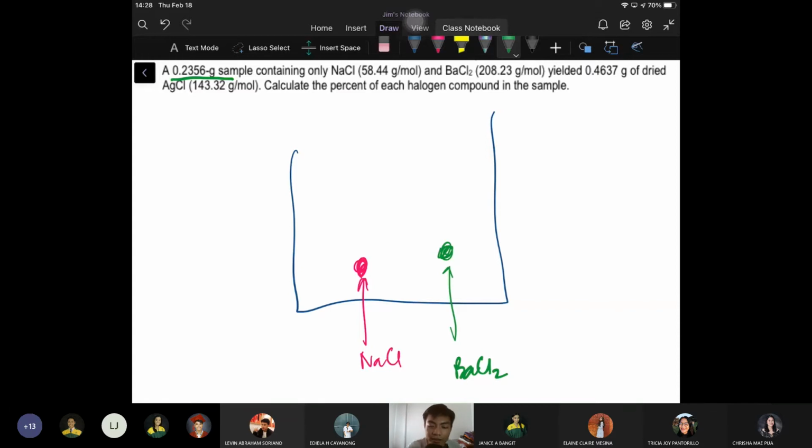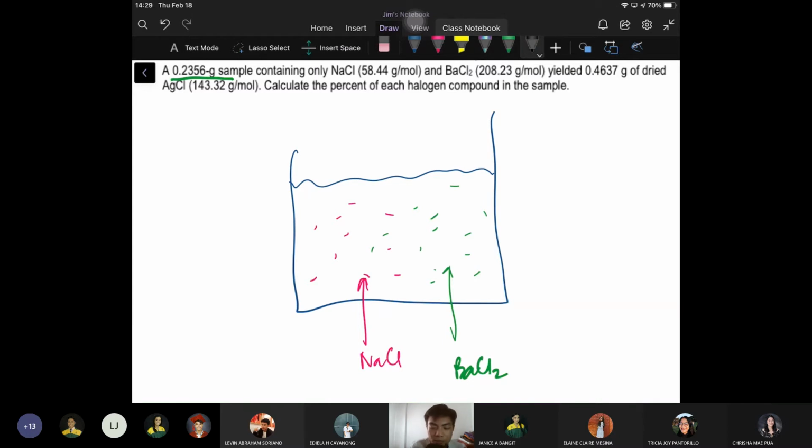Then, ano nangyari? Ipe-precipitate mo yan. So, lalagay mo yan sa tubig. What will happen to them is magiging ions sila. Okay. So, magiging ions na yan. Ions na yung mga salt natin. So, ano yung mga ions na magagawa natin dyan? Sodium, chloride, barium ions.